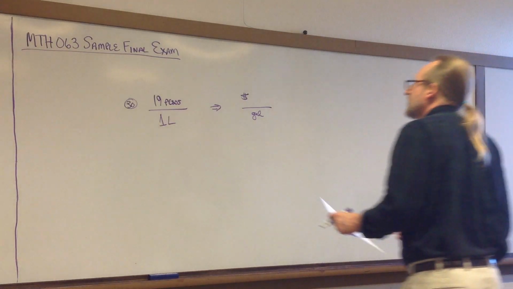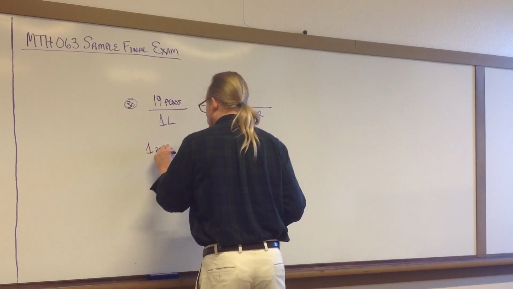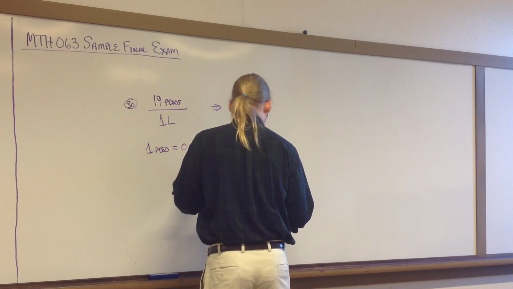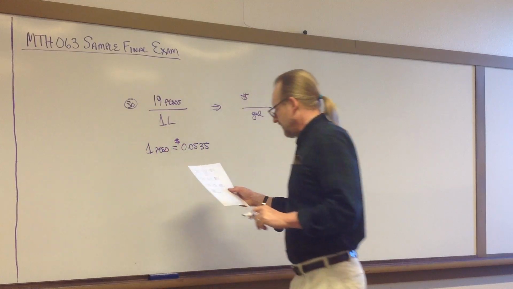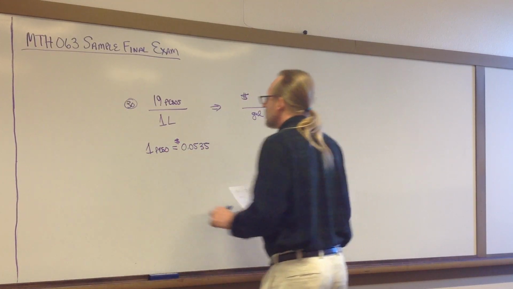1 peso. So here's our conversions. 1 peso is 0.0535. So about 5 cents. A little bit more than 5 cents. What else? Liters.